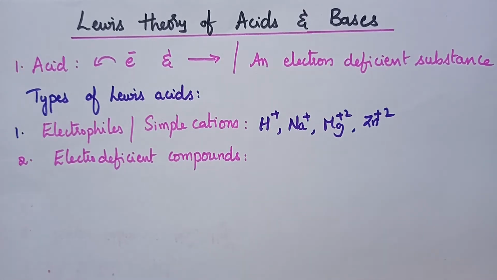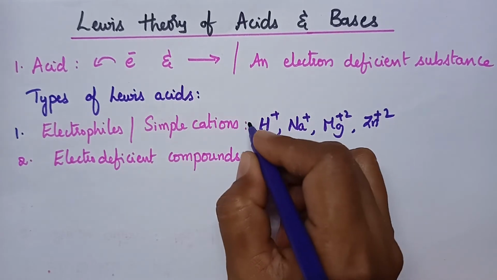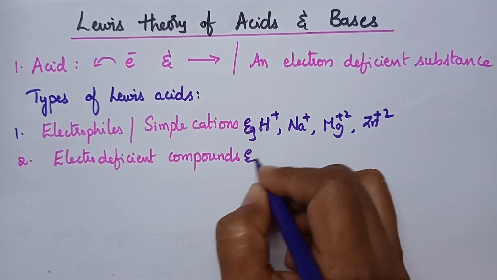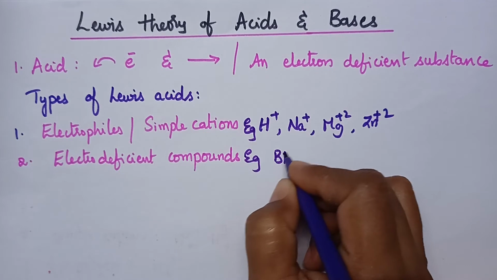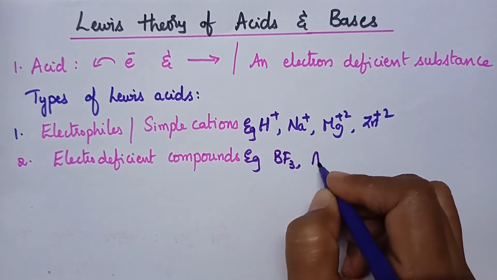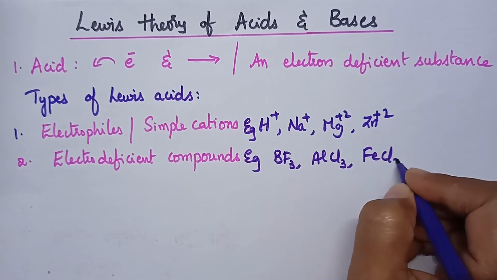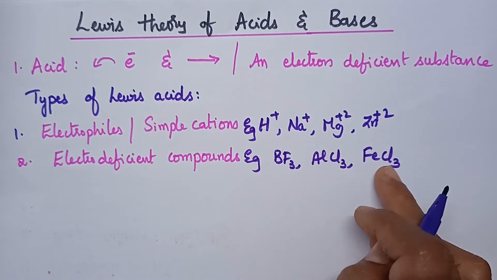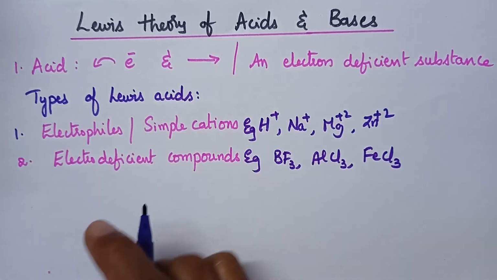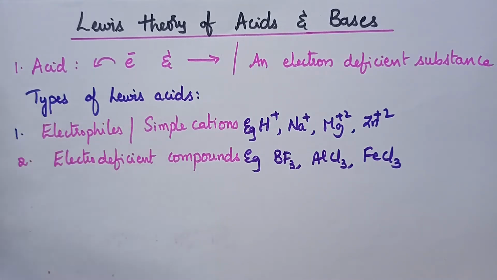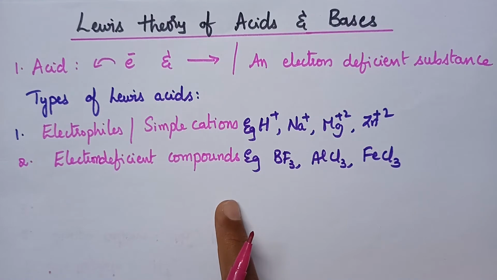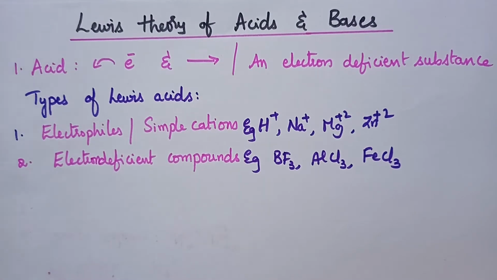Generally the best examples include boron trifluoride, aluminum trifluoride, iron trifluoride. All these are good examples of electron deficient compounds. So electron deficient compounds also act as Lewis acids.